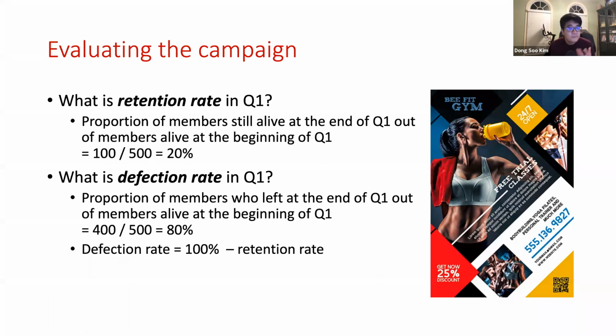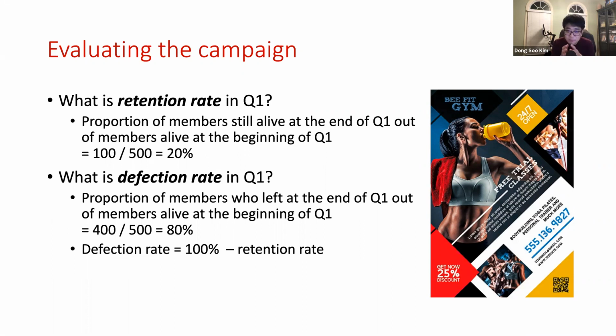Defection rate focuses on members who left during the period. There were only 100 members 3 months later, so the rest, 400 people, left during the period. That is 400 divided by 500, which equals 80%.